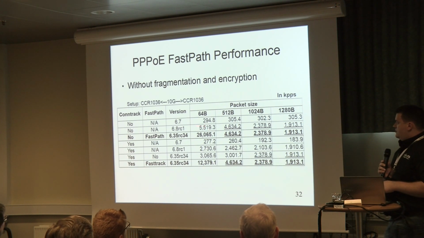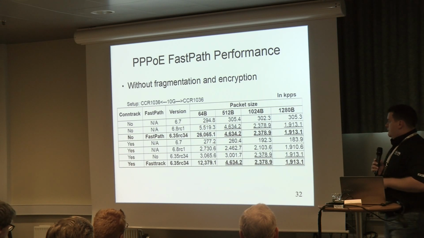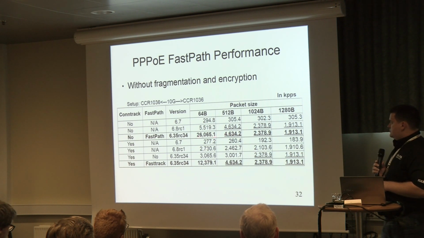With the first iteration of optimization, 6.8 RC1, it was 5.5 million packets per second. And now, if you enable and configure FastPath, you can have almost full wire speed. It's basically full wire speed: a 10G PPPoE connection through the CCR 36-core.